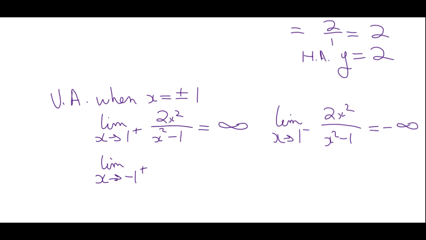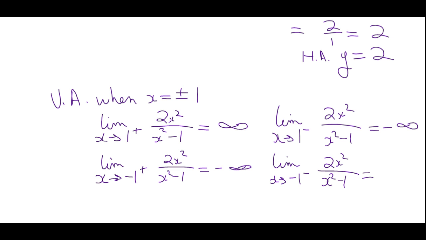And you get negative infinity. And -1 from above is going to be negative infinity. And -1 from below is going to be positive infinity.